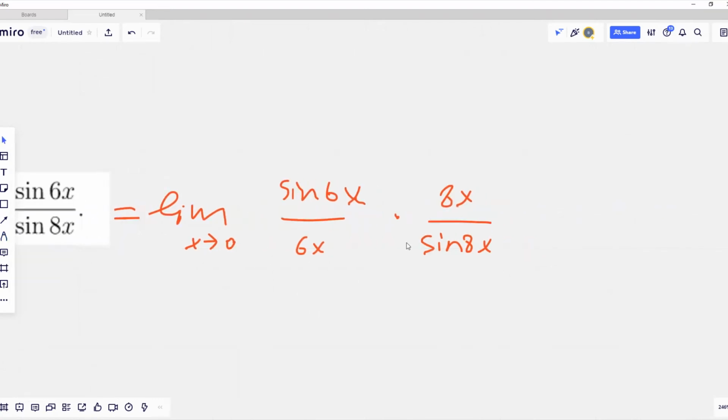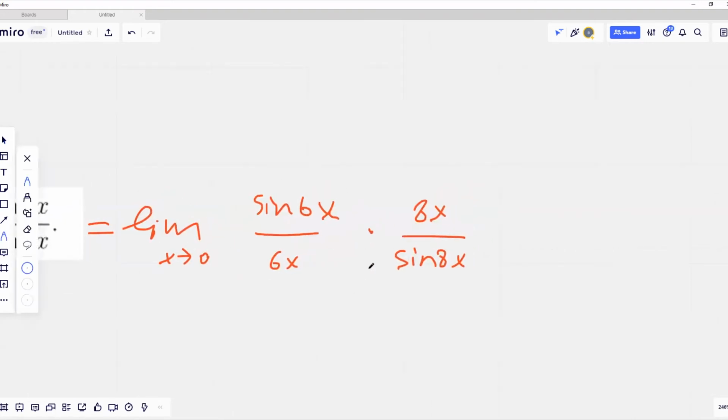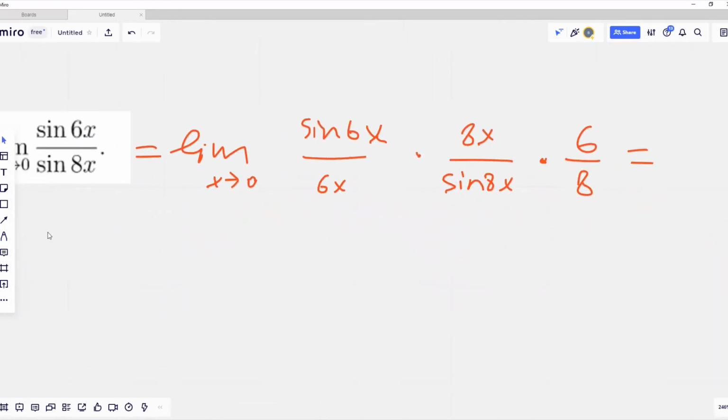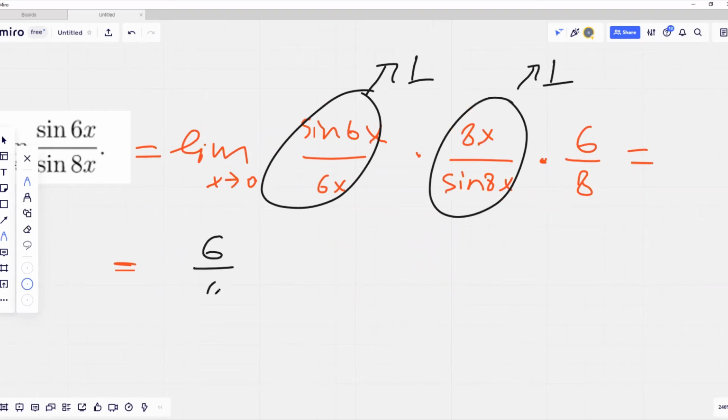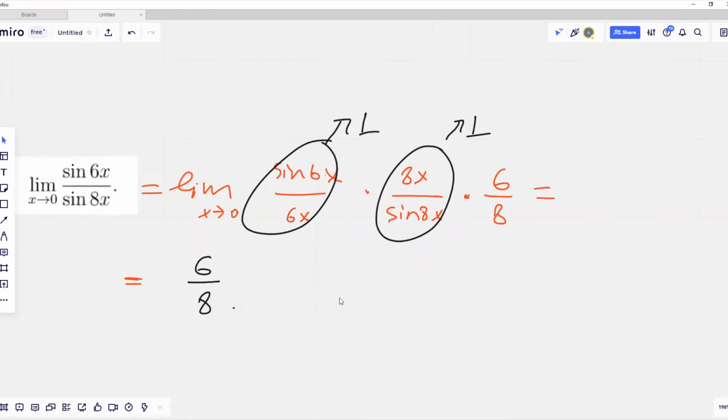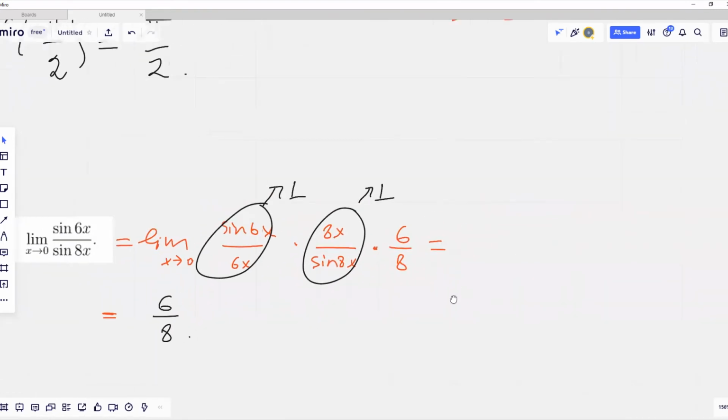So we multiplied by 8 over 6 artificially. We have to divide it by 6 over 8. Then we'll end up with, so the limit of that goes to 1, the limit of that goes to 1, and this is 6 over 8. So the answer is 6 over 8. All right.